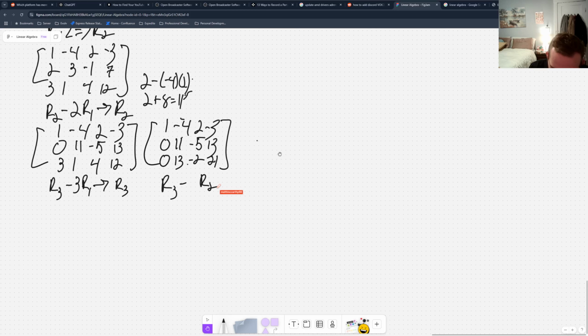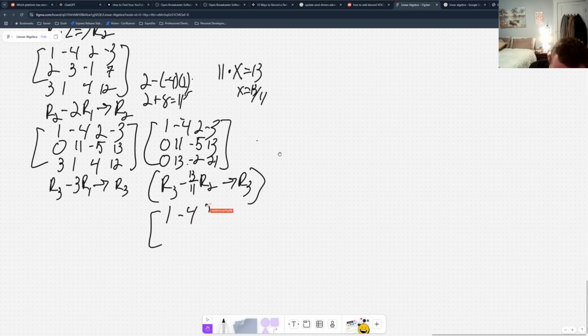You would do it with row 2. So 11, it'd be 13 over 11. The way I get 13 from 11 is to multiply it by 13 over 11, right? If I have 11 times something equals 13, I gotta multiply that by 13 over 11. So this is what you would do. This is weird, but it should work.